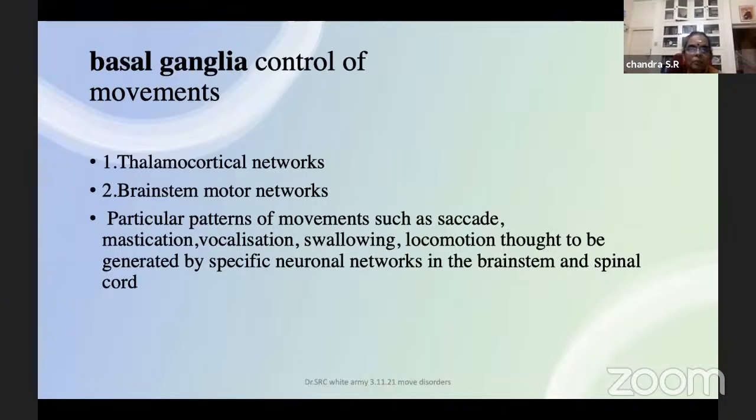Particular patterns of movement such as saccade, mastication, vocalization, making sound, swallowing, locomotion are generated by specific neural networks in the brainstem that I will not be going into. Each one is a topic, swallowing and vocalization. They are all different topics by themselves. So we'll go through the aspects which we had planned today, that is the gross motor control. They are also motor functions, but they have different circuits.